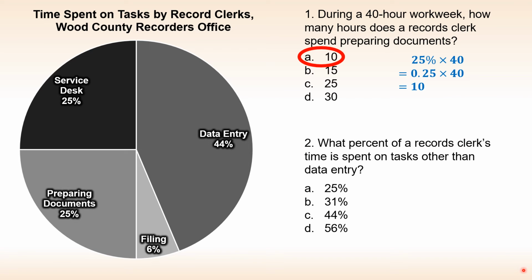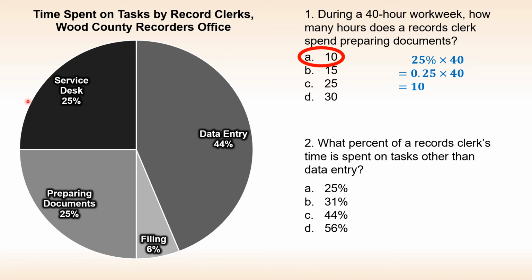Question number 2. What percent of a record clerk's time is spent on tasks other than data entry? Here are our options: 25%, 31%, 44%, or 56%. Our data entry here is 44%. The rest here is filing, preparing, and the service desk.